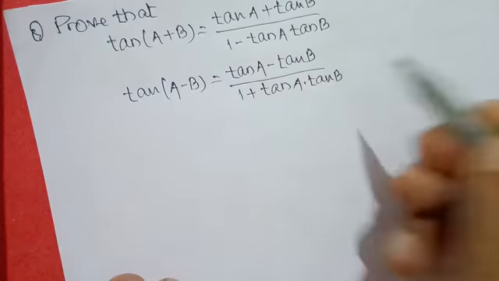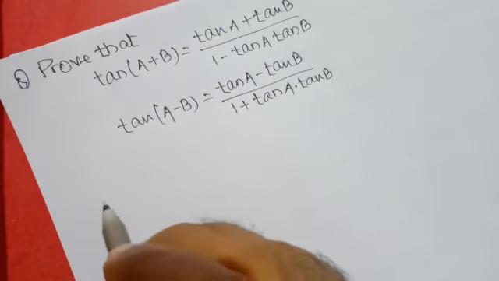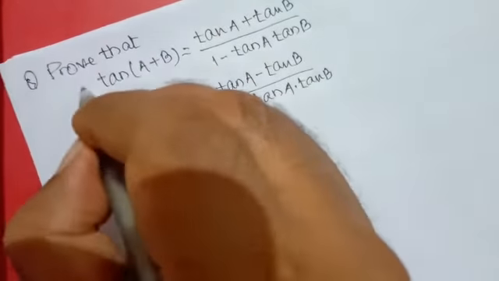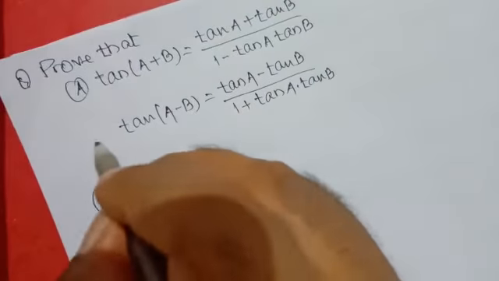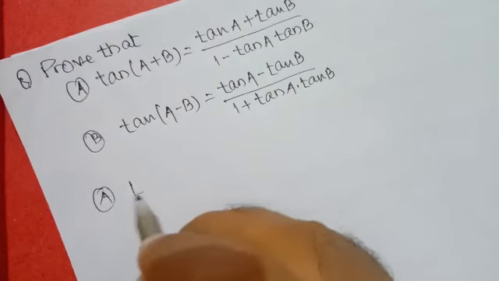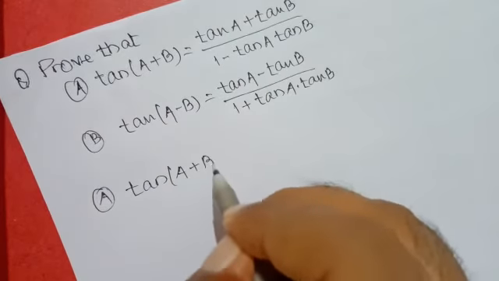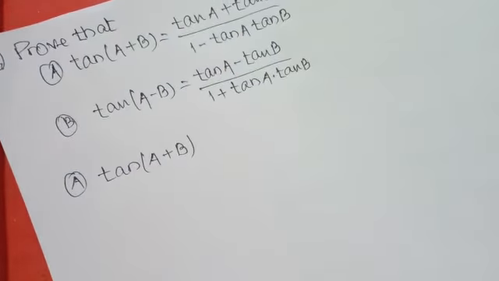So first see the first one. You write here A and B. Tan(A + B). Tan θ is equal to sin θ upon cos θ.